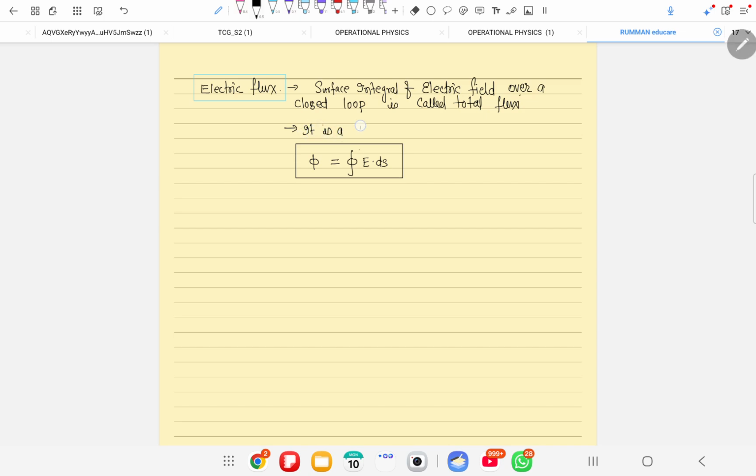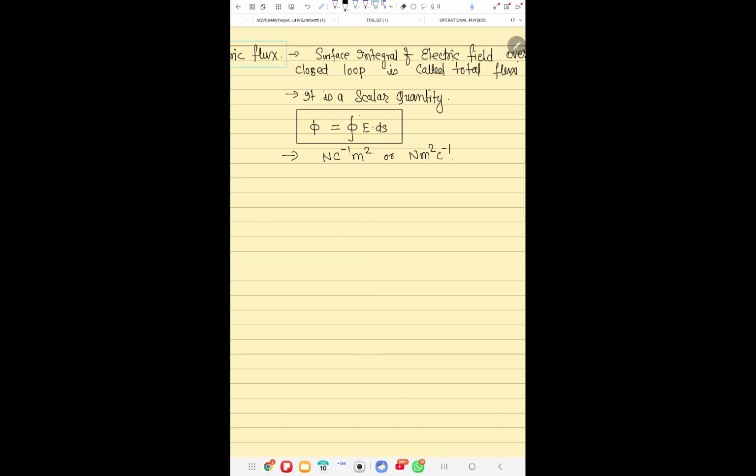The SI unit of electric flux is Newton meter square per coulomb, which you can write in simplest form. So this is basically the electric flux definition.